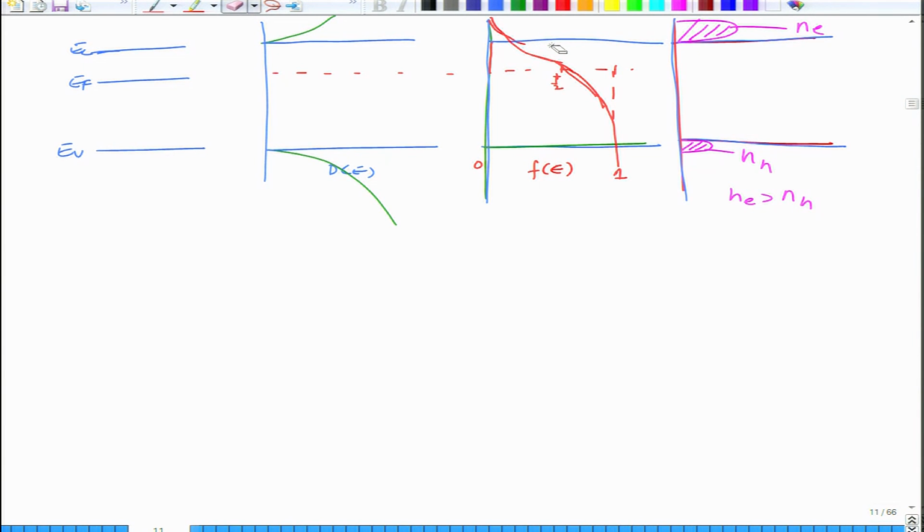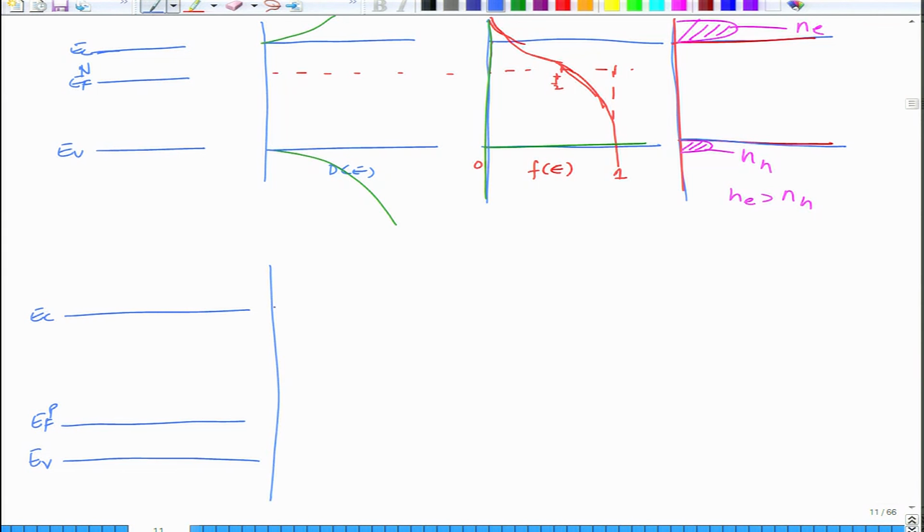Okay. For a P type, on the other hand, you can draw it in a different manner. For a P type, if this is EC, this is EV, the Fermi level is now here, EFP, this is EFN.